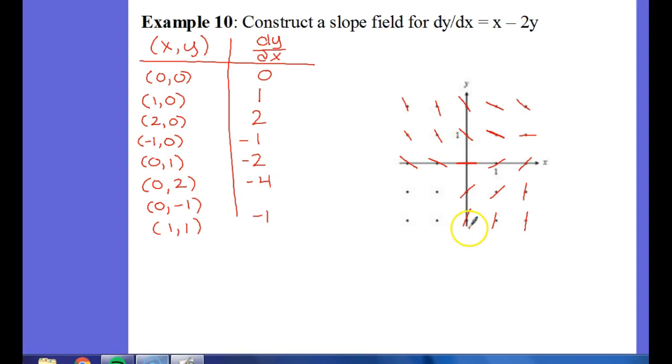When you plug in (1, -1), you get 1 plus 2, so you get a positive 3... over here, when you plug in -2, you get -2 plus 2, so you have 0. Down here, you have -2 plus 4, so you have 2. And here we have -1 plus 4, so you have 3.